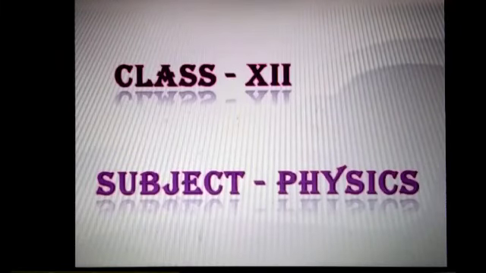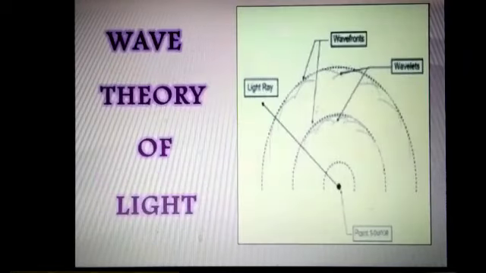Today, in this video, I will discuss the wave nature of light, which is an important topic of wave optics under the syllabus of ISC physics. According to the wave theory of light, a source of light sends out disturbance in all directions.